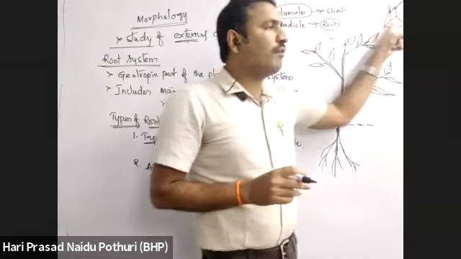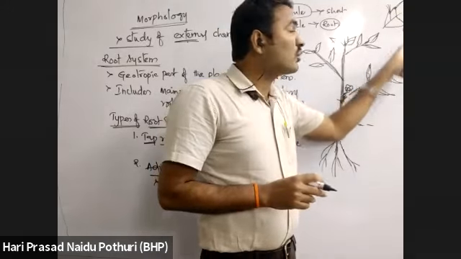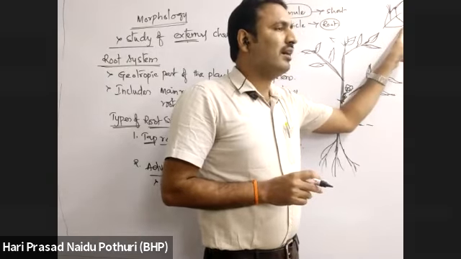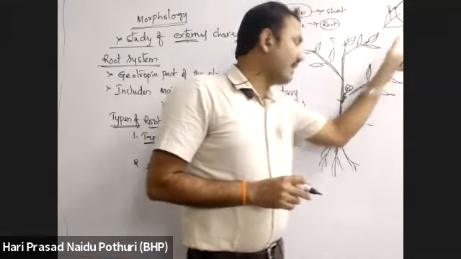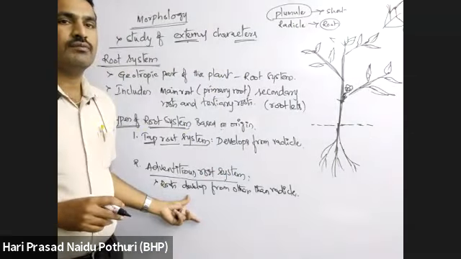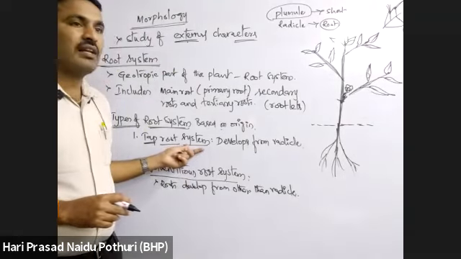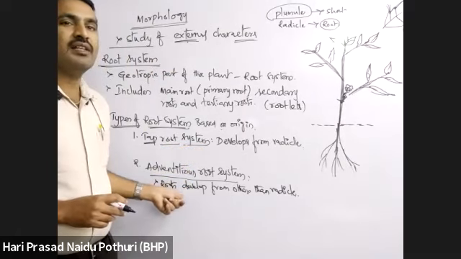So this part of the leaf is developing a root. This root is developing from other than the radicle. Roots which are developing from other than the radicle are called adventitious roots. Okay. So tap roots are developing directly from the radicle. Adventitious roots are developing from other than the radicle.